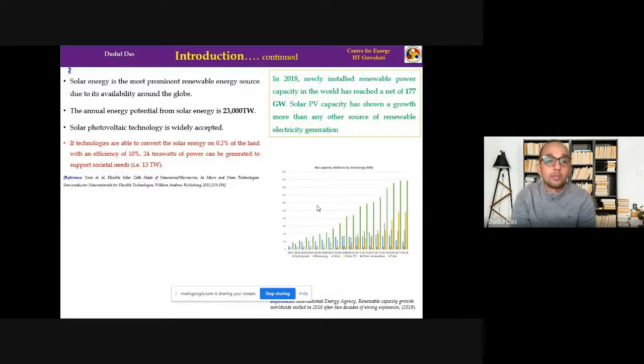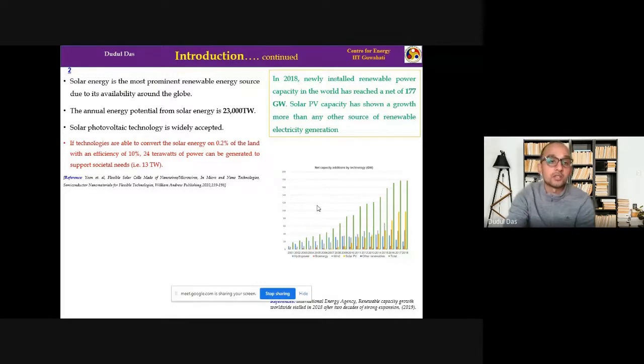Mostly between the tropics, like the Tropic of Cancer and Tropic of Capricorn, most of the population in the world lives, and this is the area where the solar energy is received at its highest. And the annual energy potential from solar energy is around 23,000 terawatt, which is very much as compared to the present day consumption.